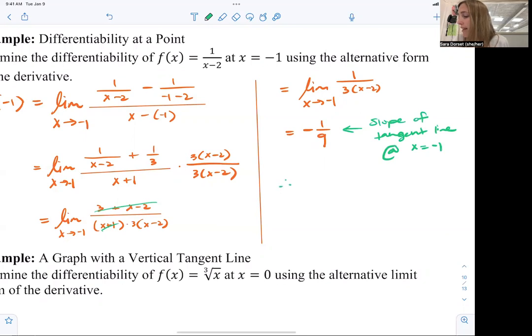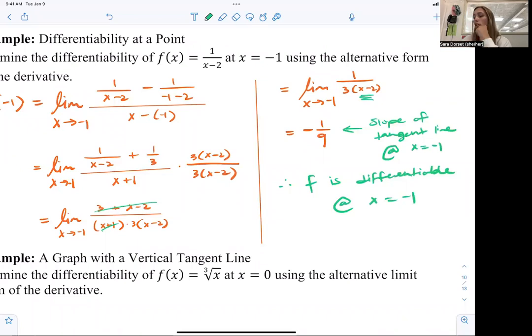That means that f is differentiable. It would not be, and looking at that limit, it would not be differentiable at 2, but 2 wouldn't even be in the domain of f, and therefore f wouldn't be differentiable there.